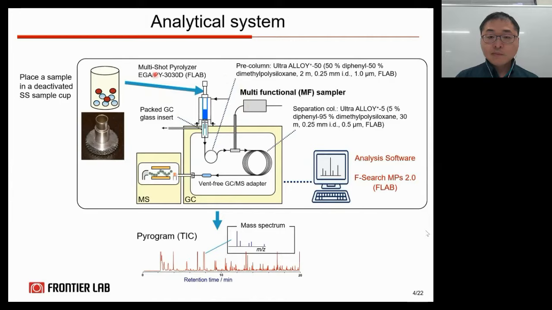A typical analytical procedure is to place a sample in a sample cup and drop the sample cup into the pyrolyzer furnace, and then perform flash pyrolysis in the furnace at 600 degrees C, then introduce pyrolyzates into the GC column and run GCMS. The resulting pyrograms are analyzed by the software that we developed.